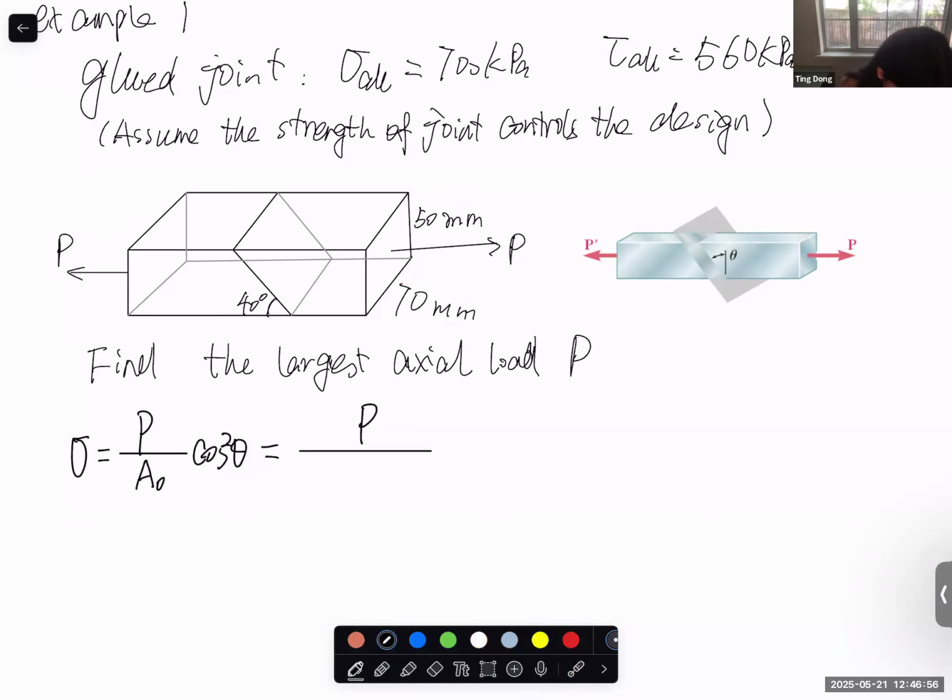Let's use Newton and meter. Cosine, what theta should we use here? Is it cosine 40? 50, thank you.